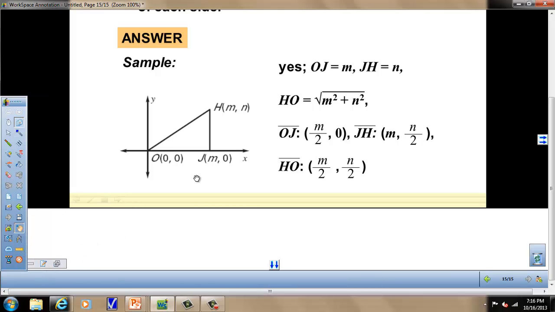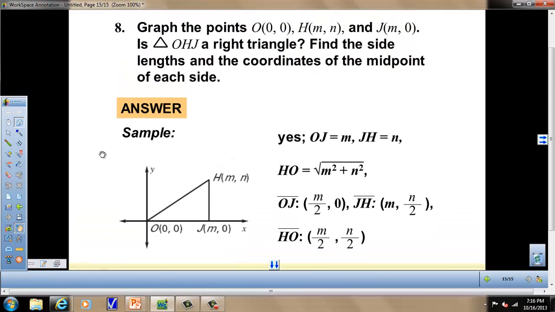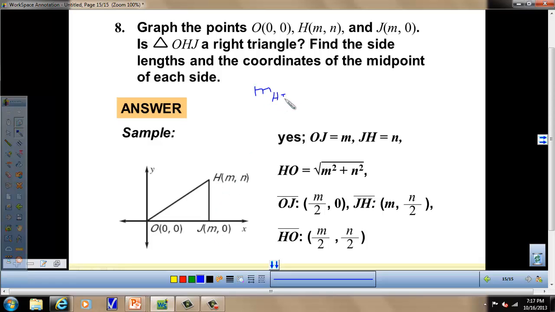The way that we know something's a right triangle is by looking at the slopes. For the slopes, we can say that the slope of HJ would be an undefined slope because it's a vertical line.